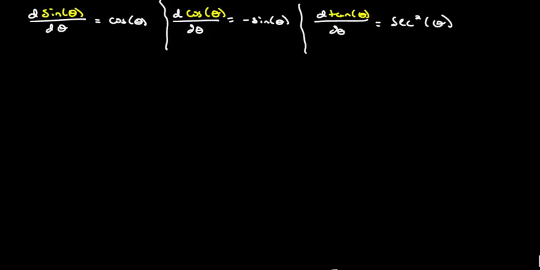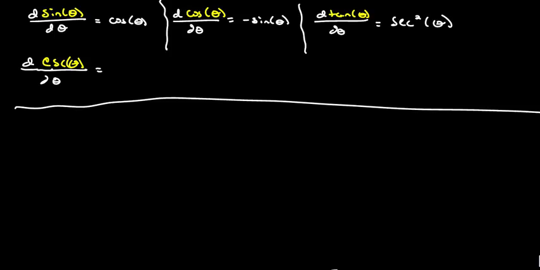So let's say, for example, let's do cosecant. So the derivative of cosecant theta with respect to theta. Let's see what this guy's equal to. So cosecant is 1 over sine. So what we want is d d theta of cosecant theta.